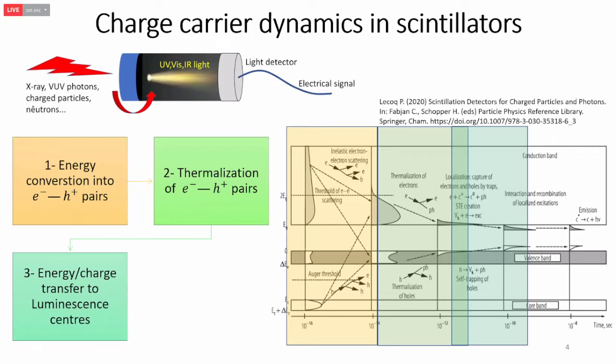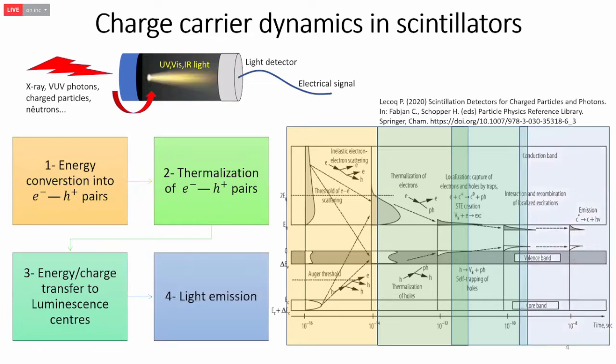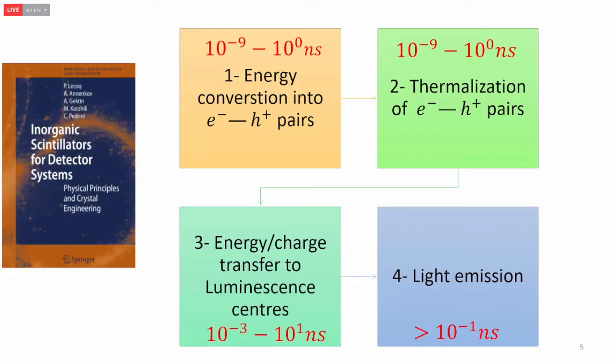I'm not going to go into too much detail, but just give a few examples. And then we have the light emission itself. All these processes can be ranked on a time scale, and I just summarize them here. It can go from 10 to the minus 9 nanoseconds up to centuries.